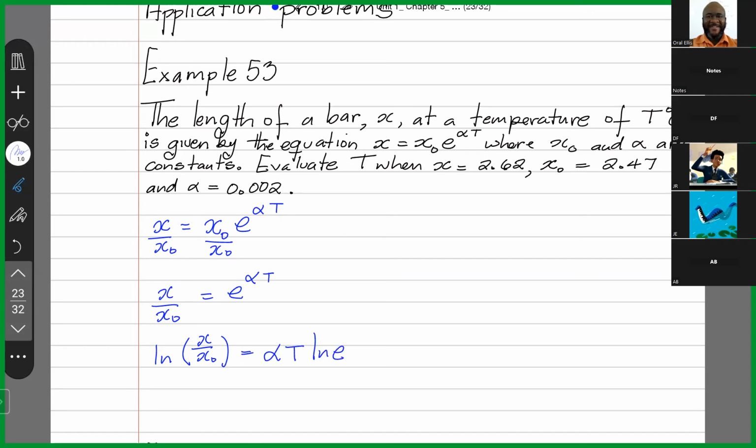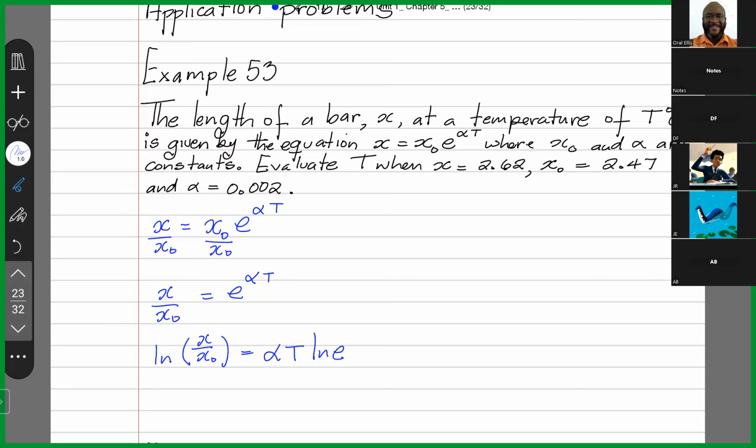So using my laws of logarithm, if you take the log to the base e of e to the alpha T, it's going to be alpha T log to the base e of e.